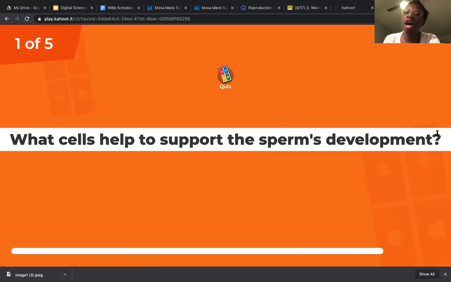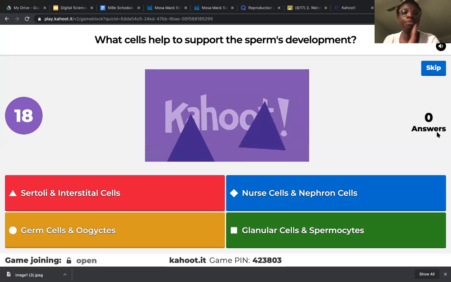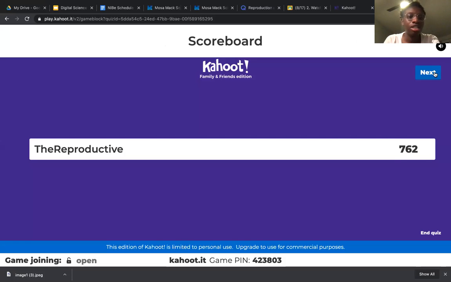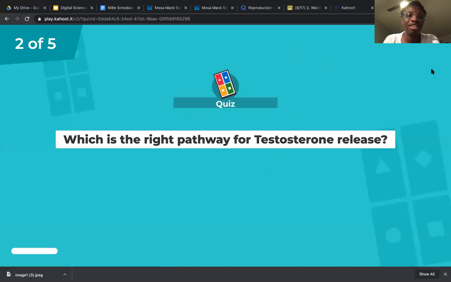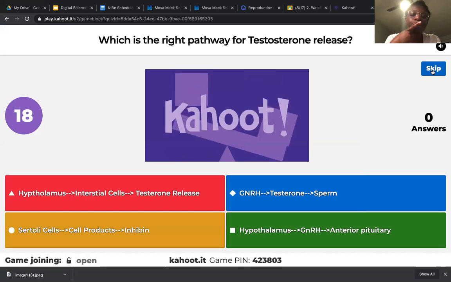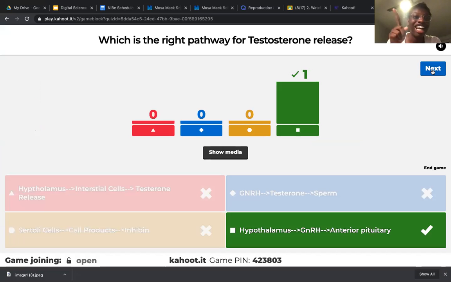So what cells help to support the sperm's development? Sertoli cells. Which is the right pathway for testosterone release? Oh, this is a little difficult. I'm going to say hypothalamus.